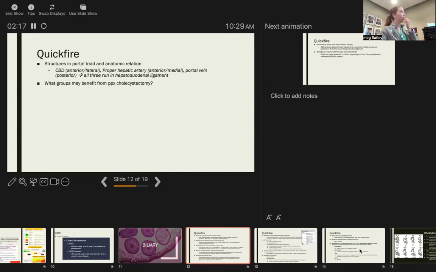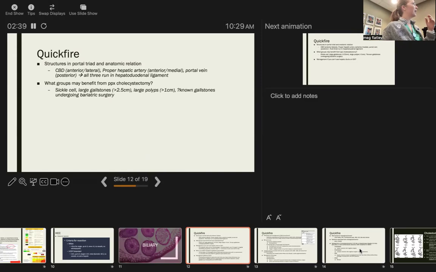Who may benefit from a prophylactic cholecystectomy? However, on the ABSITE, people with sickle cell, large gallstones plus minus, typically they're getting imaged and they find that, and so that may be why you may offer it.